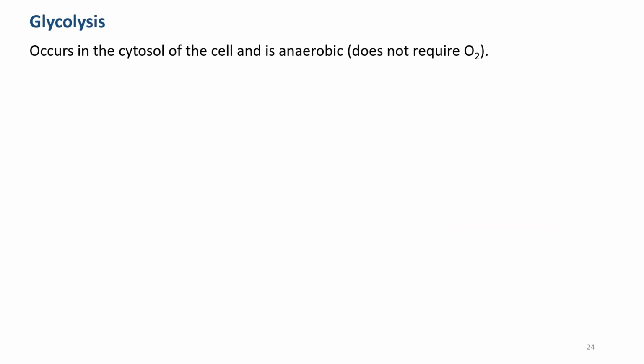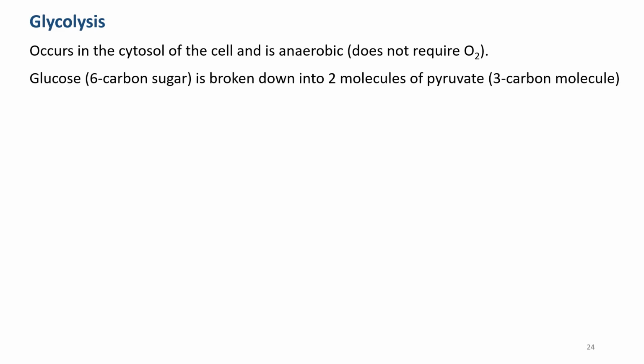So let's start with glycolysis. As we said, glycolysis occurs in the cytosol of the cell, and it's different to the other two phases in that it's anaerobic. It doesn't require oxygen. In glycolysis, we take glucose, which is a sugar with 6 carbons.